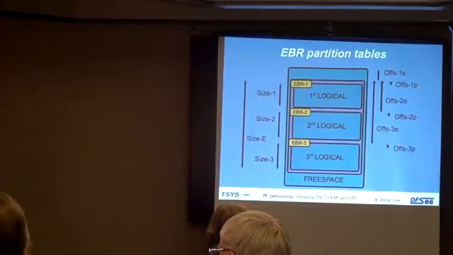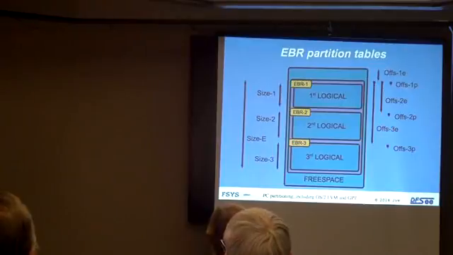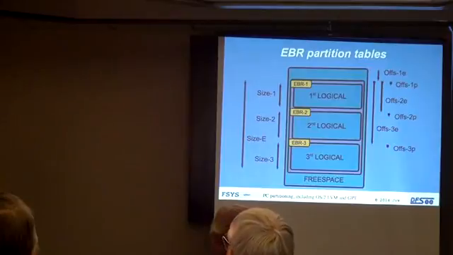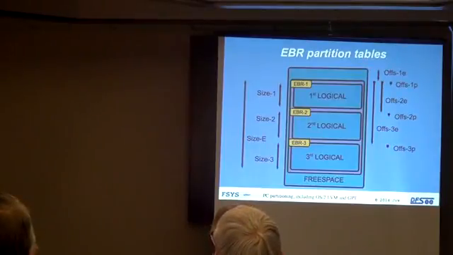Isn't it possible for the logicals to get out of order eventually by deleting partitions and recreating them in a different order? Yes. That depends on your tooling. There are some conventions. If you have all the logicals, they will have to chain, and usually the chaining, so they're pointing to each other, is in order of their position on the disk.